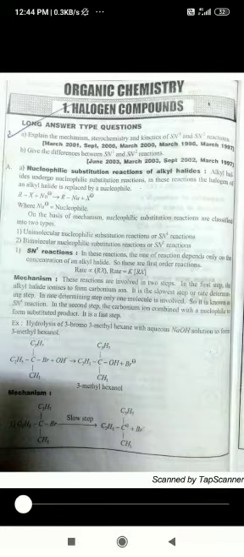In the rate determining step, only one molecule is involved. So it is known as SN1 reaction. In the second step, the carbonium ion combines with a nucleophile to form the substituted product. It is a fast step. I mean, the total reaction takes place in two steps. The first step is a slow step, nothing but the rate determining step.